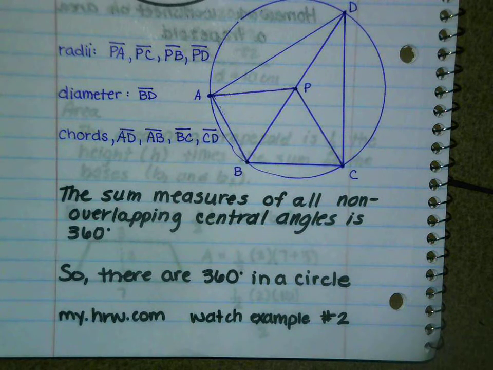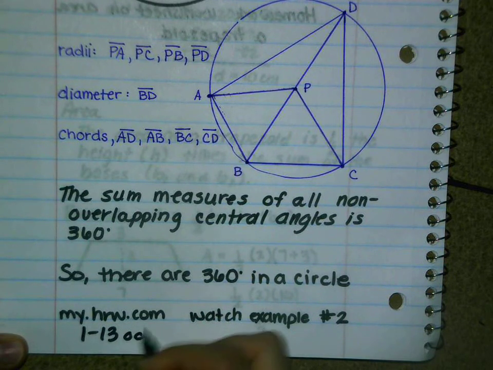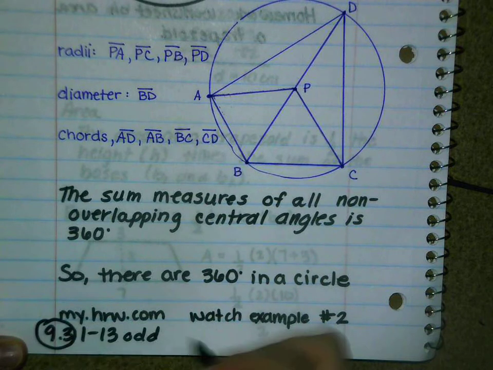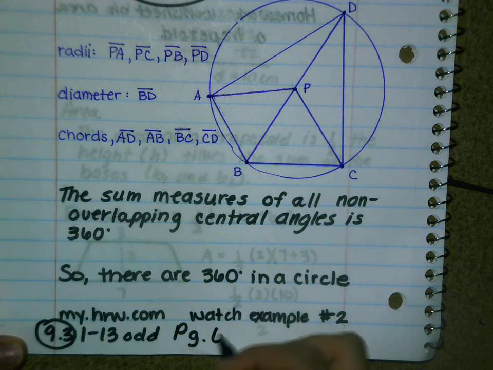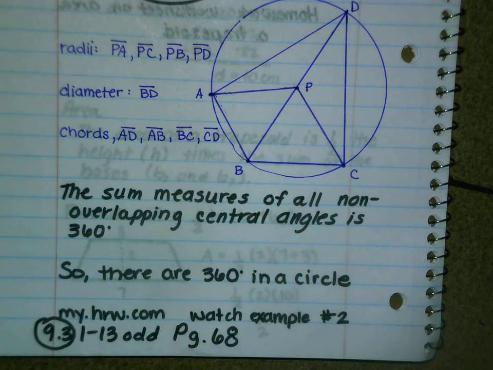First time in a while we're getting into our workbook. Let's do 1 through 13 odd. This is 9.3 and page number 68 in your workbook. So you don't have to do all of them.